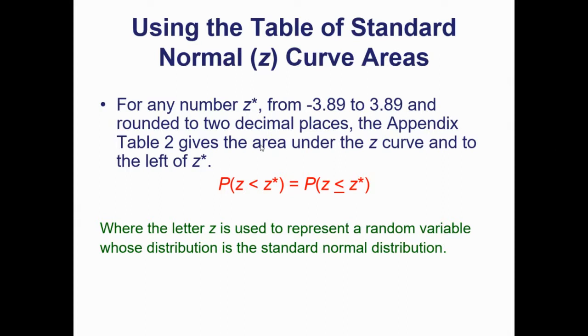I think it goes to negative 3.49 to positive 3.49. On the AP formula chart, I'm not sure if it goes all the way to negative 3.89 or not. But most charts at least go to negative 3 to positive 3.